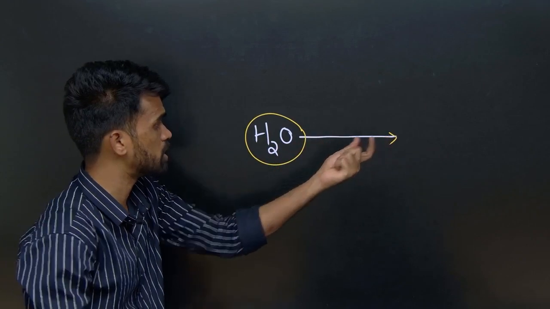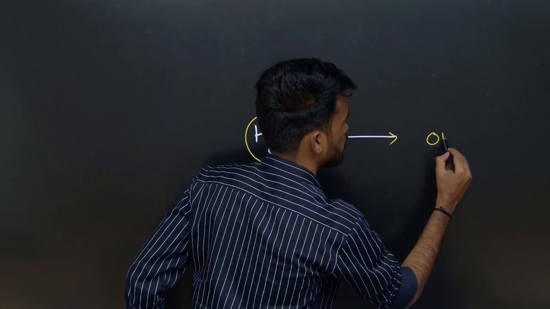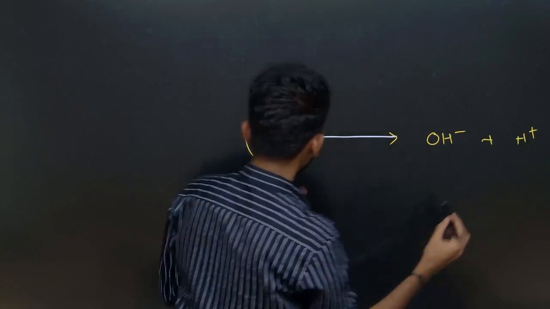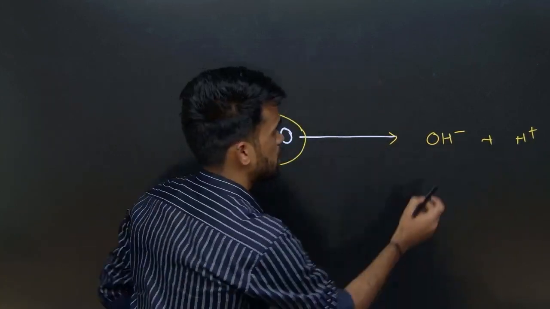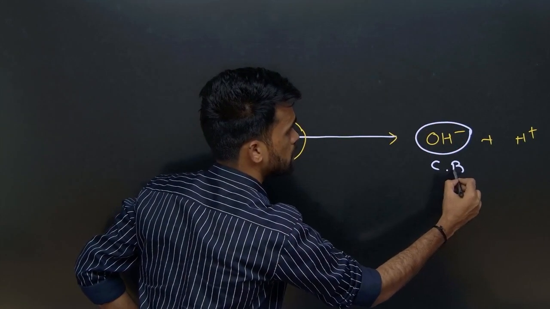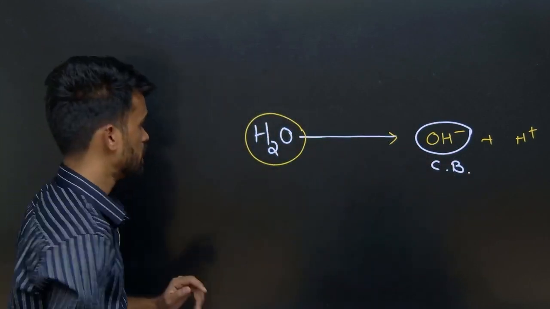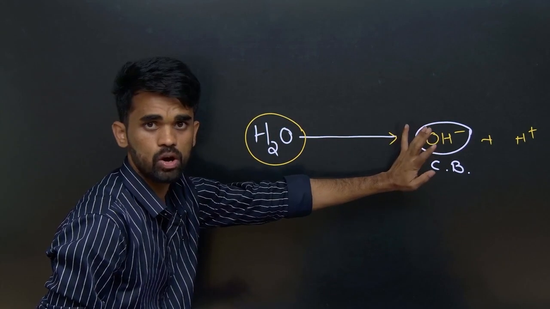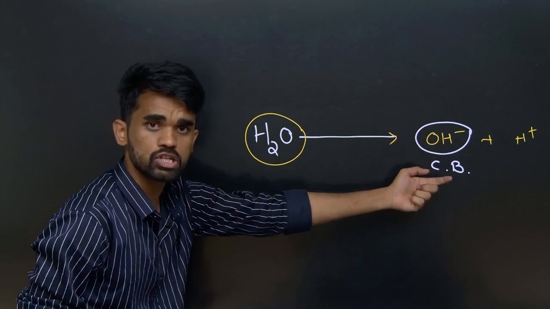What is the negative part of it? OH minus will be there. If it releases H plus, the remaining part is OH minus. So this is called its conjugate base. I hope it is clear how to identify an acid and its conjugate base.